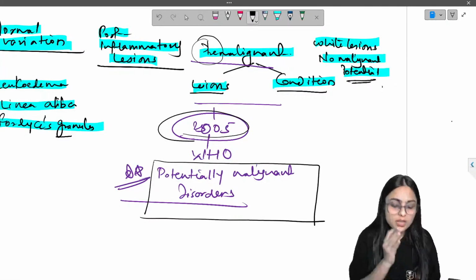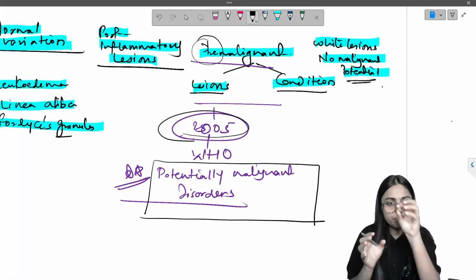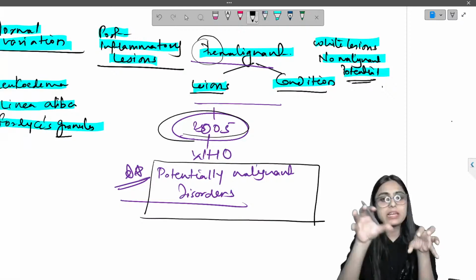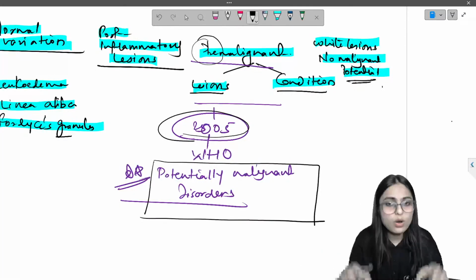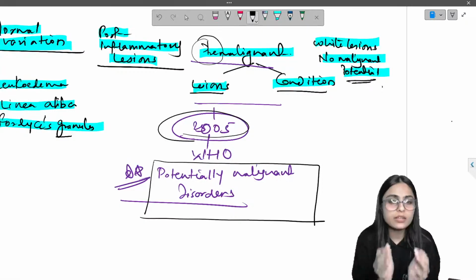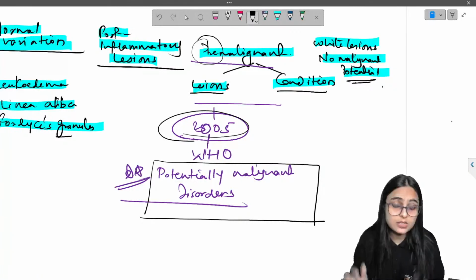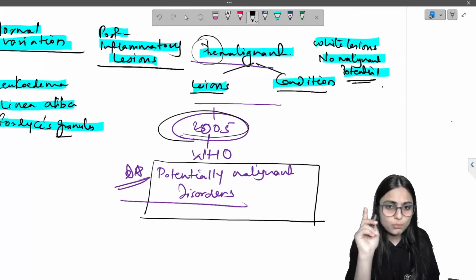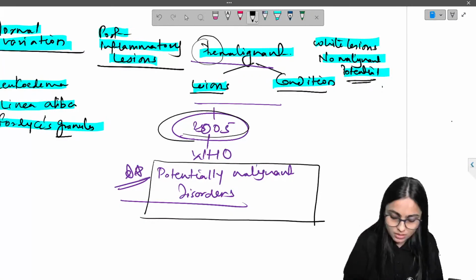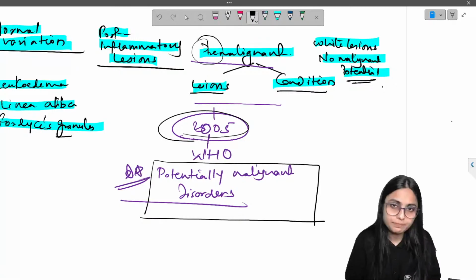We no longer call pre-malignant lesions and pre-malignant conditions separately. They have put all of these conditions under one term, potentially malignant disorder. This was one of the MCQs in, I think, 2024 NEET. So potentially malignant disorders is the term that WHO has given.